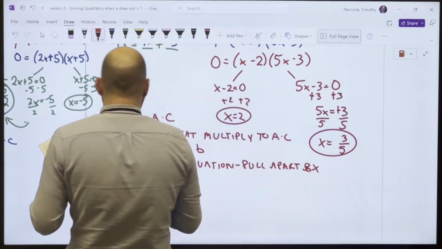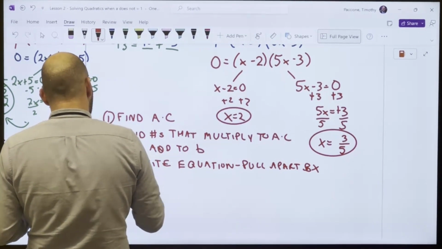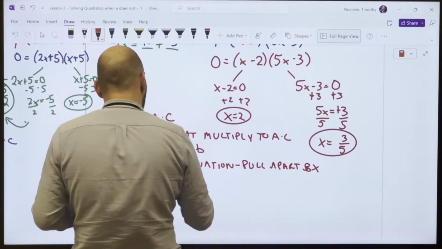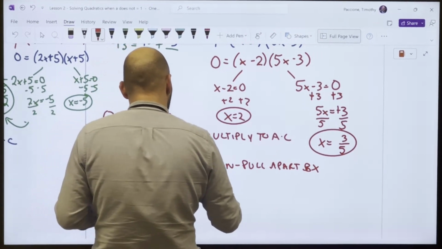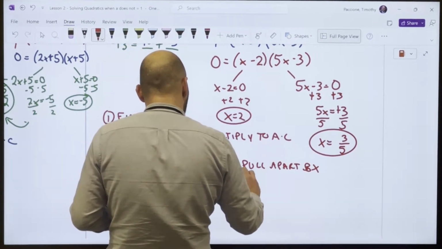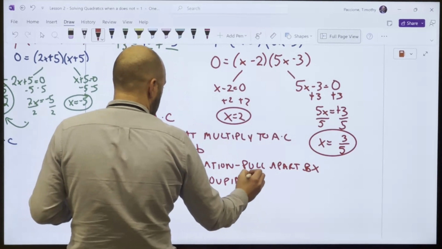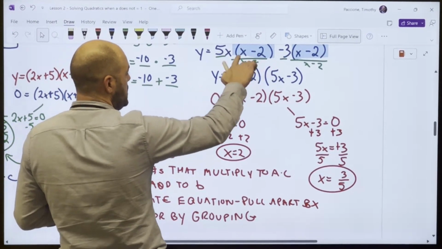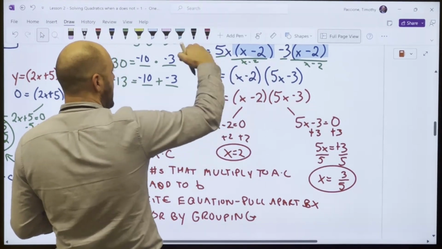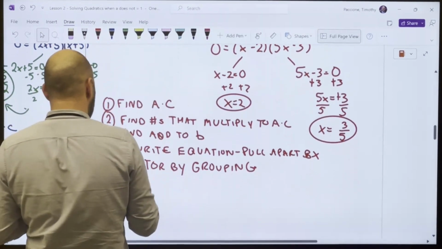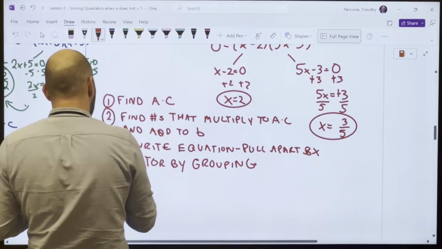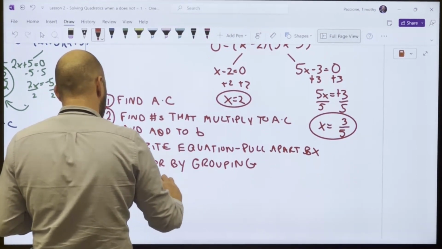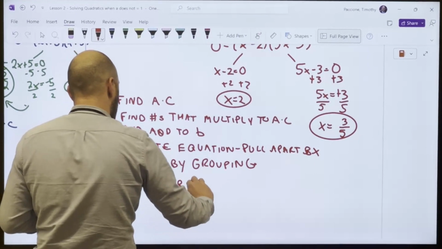Okay? Then you factor by grouping, which means GCF both groups, pull out a GCF in each situation, and then solve for x.